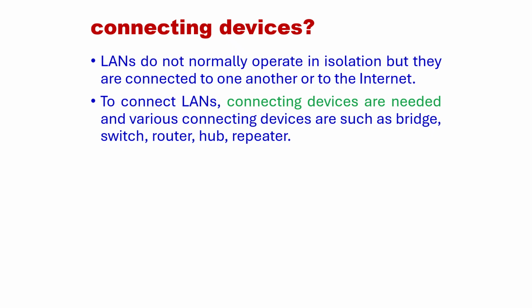These connecting devices are nothing but bridge, switch, router, hub, repeaters, etc. And we'll also be using different types of cables to do the connections. Only after connecting all the various devices, we'll be able to transmit data from one device to another device. That is why these connecting devices are important, and we need to know the working of each and every device so that we will be able to use them.